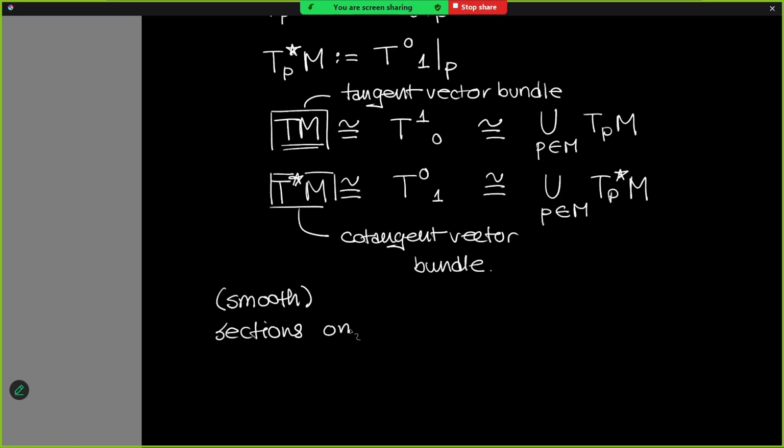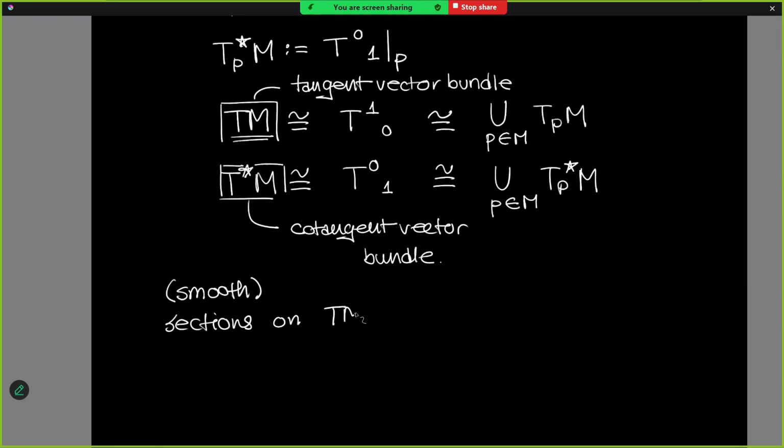Smooth sections on TM. So if we took a tangent vector at every point, as we've alluded to in part 1 of this lecture 4, this is called a tangent vector field.